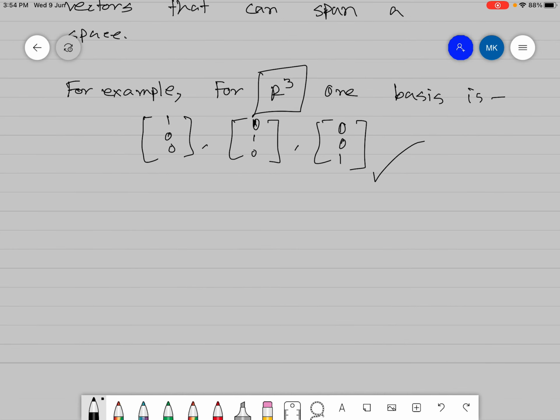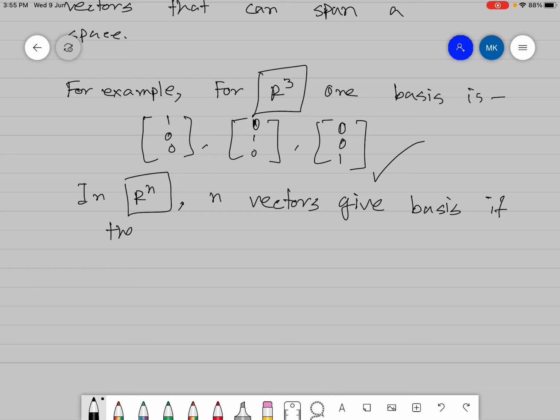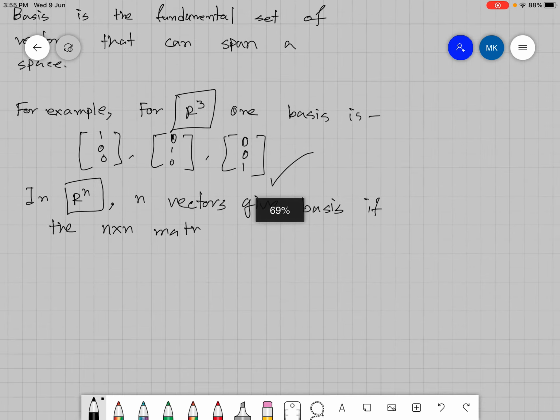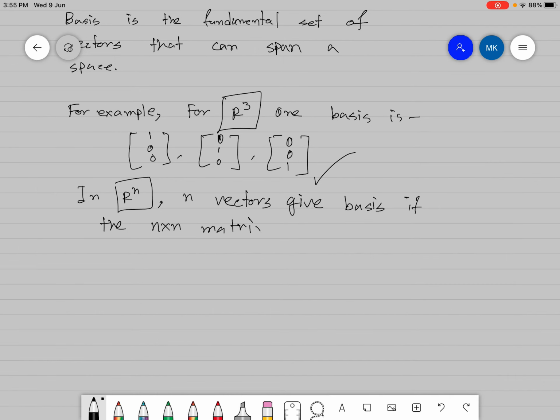In the Rn vector space, n vectors give a basis if the n by n matrix is invertible.